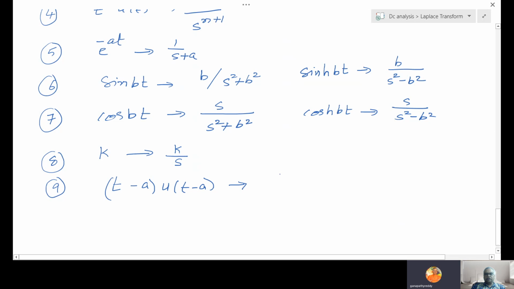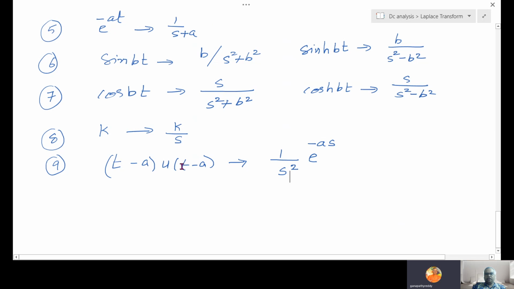What is the transform? Laplace of t is 1 by s square. So time domain shifting means the frequency domain gets multiplied with an exponential: 1 by s square times e power minus as. T transform is 1 by s square, so the transform of t minus a u of t minus a is that.